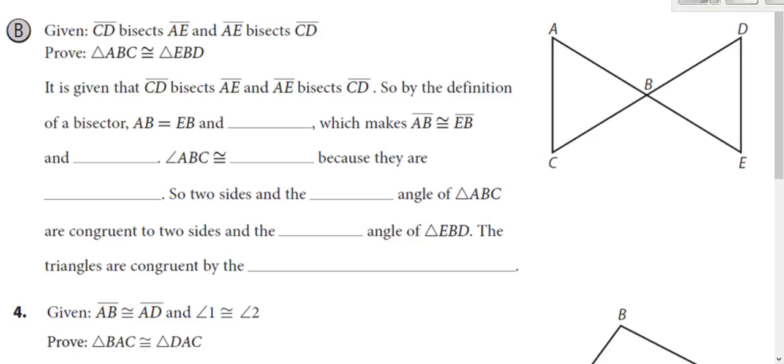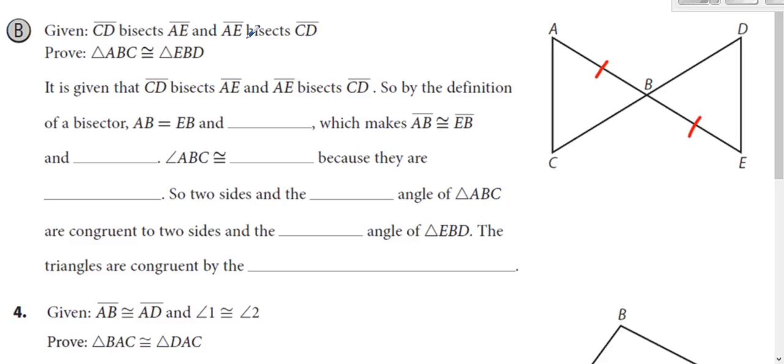So then you'd go through with what that means. If CD bisects AE, AE is cut in half, we get two congruent pieces. AB is congruent to EB. Should be a little congruent symbol there. Oh, they do the congruent symbol later.